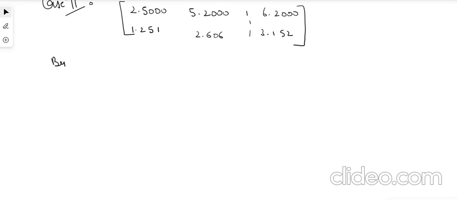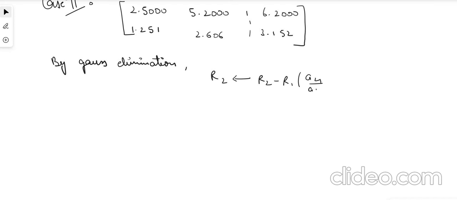By Gauss elimination, as we have done in case 1, we perform the following operation on R2, that is R2 minus R1 into A21 upon A11.